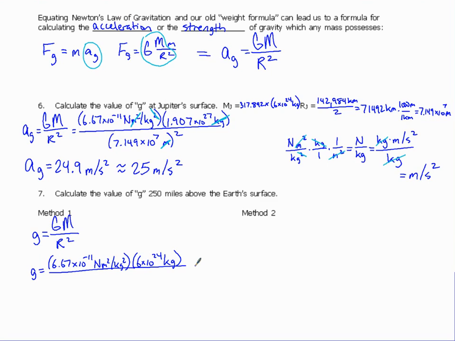And the radius of the Earth, we generally use the number 4,000 miles. So if we are 250 miles above, so here's the Earth, and now we are 250 miles above, and this picture is not to scale. 4,250 miles. Again, change it to meters. And we need to square this entire quantity.